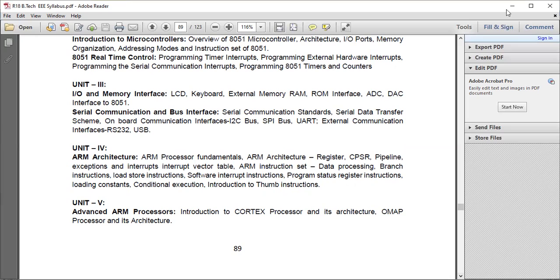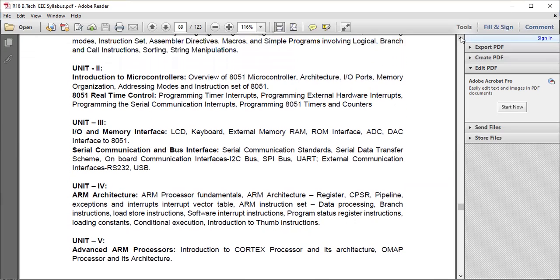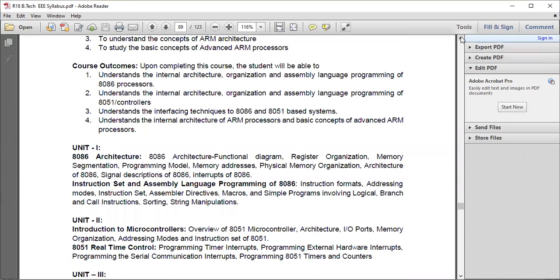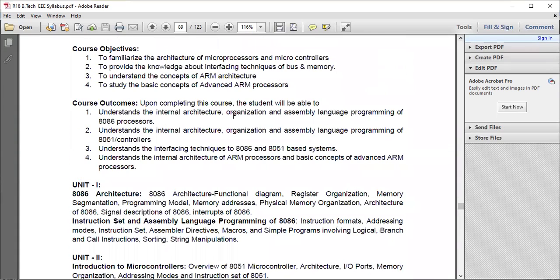After completion of this subject, we will be able to know the course outcomes. We will know the internal architecture and assembly language programming of 8086 processors, the internal architecture and assembly language programming of the 8051 controller, and the interfacing techniques to 8086 and 8051.